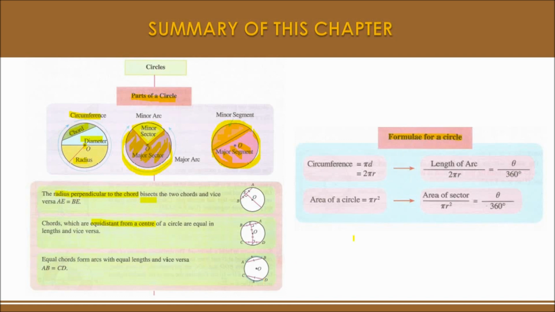There are 4 formulas of circle that you have to know: how to get the circumference, the area of circle, the length of arc, and the area of sector. So that's all for this chapter. Hopefully you do exercises involving this chapter. See you in the next topic.